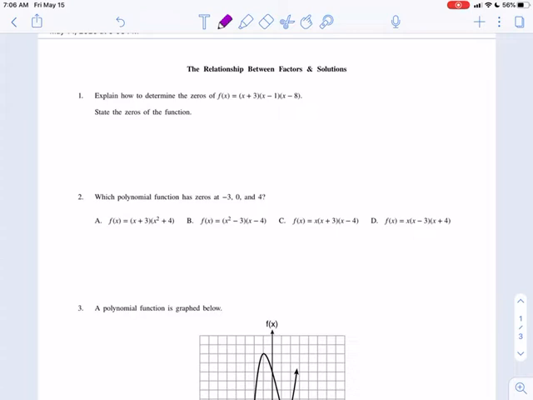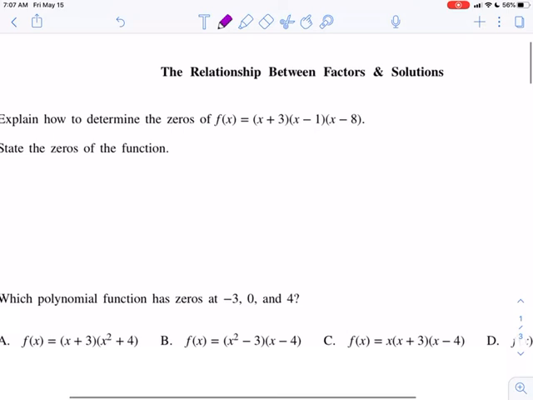Number one, explain how to determine the zeros of f of x equals x plus 3, x minus 1, x minus 8. It's all multiplied together, okay, and state the zeros of the function. So this expression, this function right here is already factored, okay?